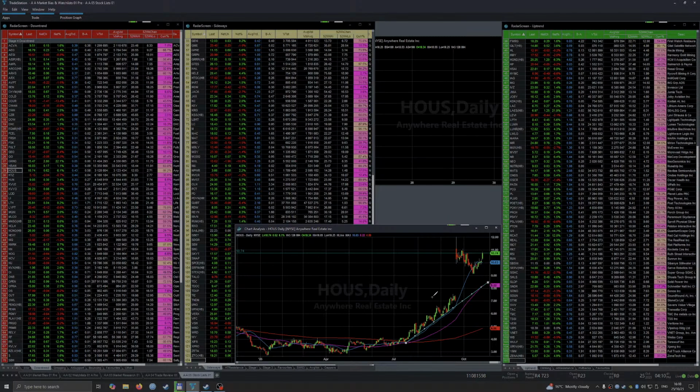Slight concern moving away from the 200, getting further and further away from it. This up here is not a good sign. That is not likely to last, and it's definitely not a sign that this stock is ready to go stratospheric. This is not a buy signal. So I am staying far away from that. But it's definitely not in a downtrend.